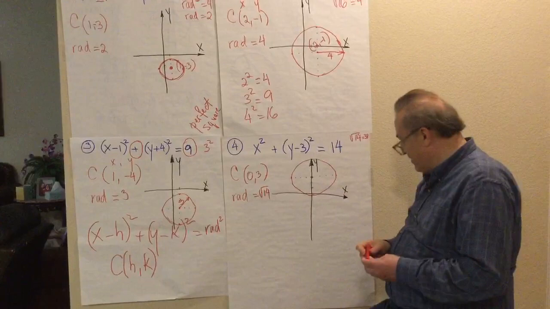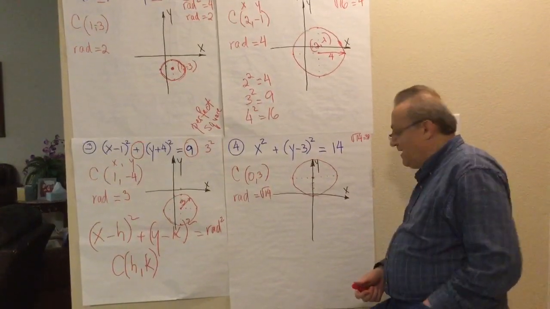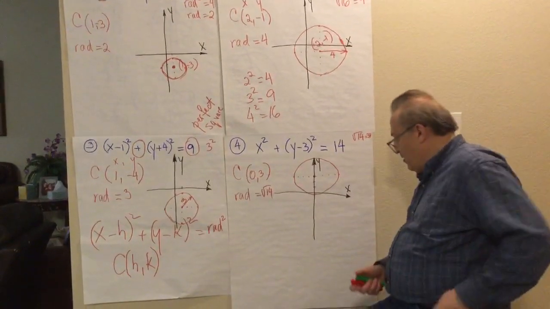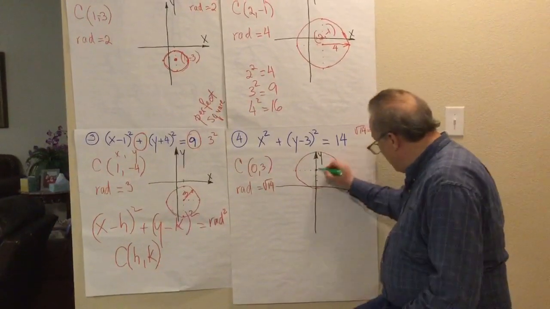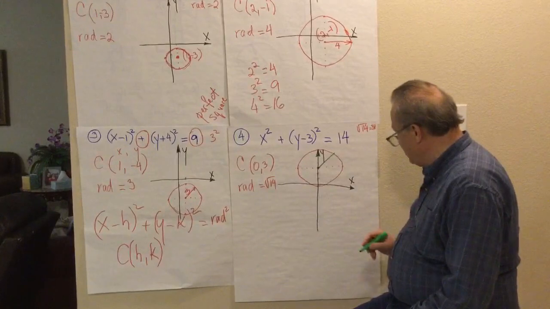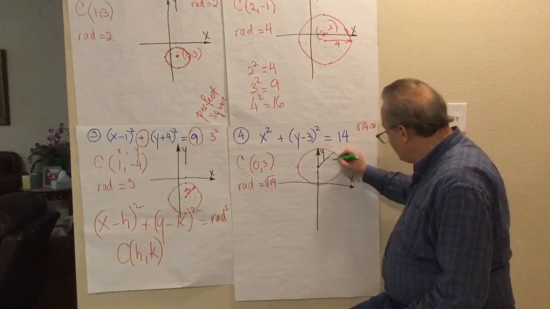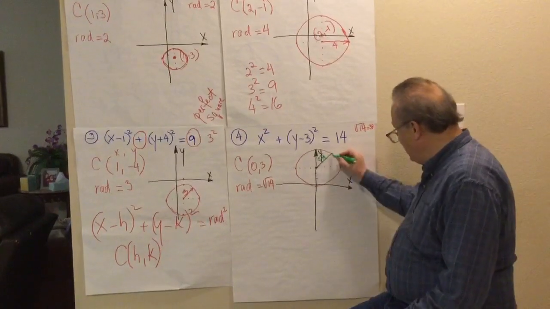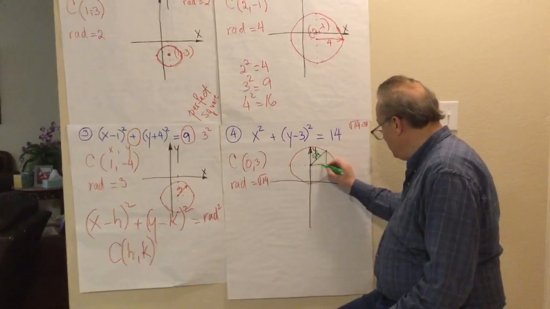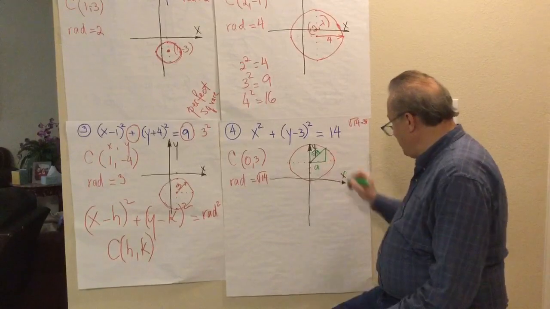Now, guys and girls, I am going to take another color and I'm going to say, wait a second, my radius is this radius. That radius is going to be the square root of 14. Well, isn't this my a?